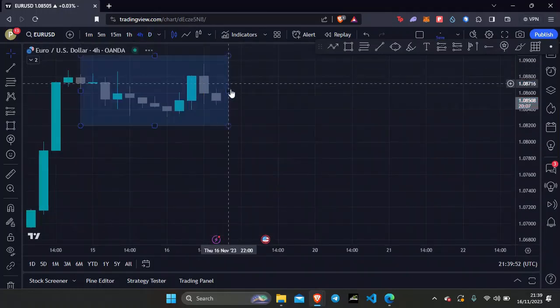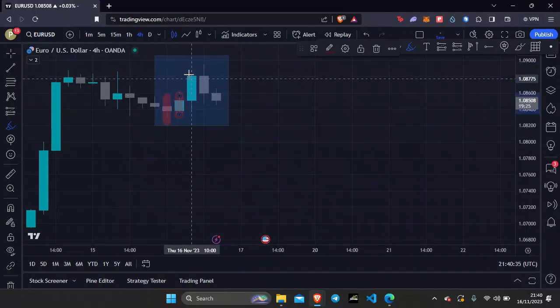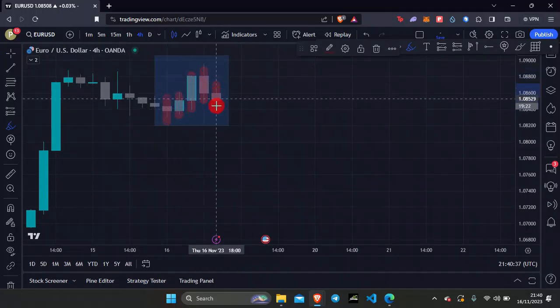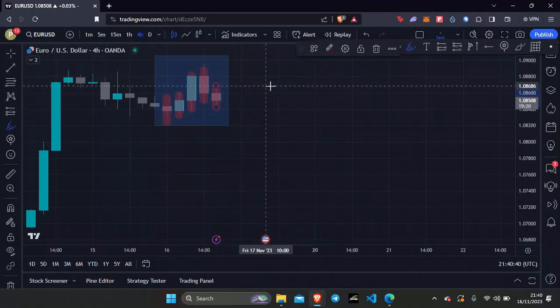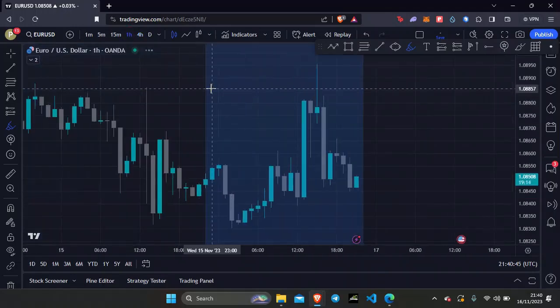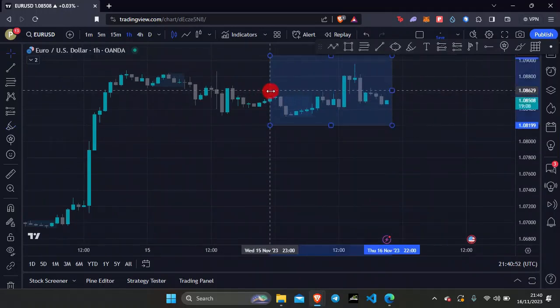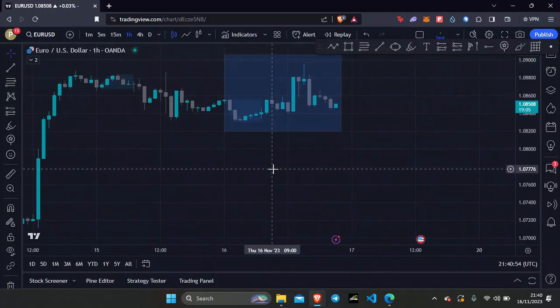So if we drop down to the 4 hour, we've had 1, 2, 3, 4, 5 4-hour candles so far, right? Just inside of this one daily candle. Now, if we drop down to the 1 hour, this is where things get a little bit interesting, right? Because let's tighten up the box so that we're exactly at midnight.